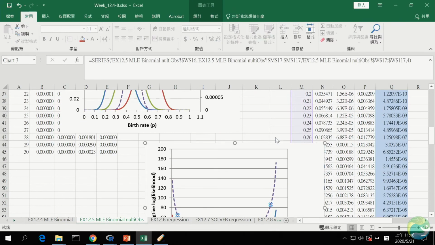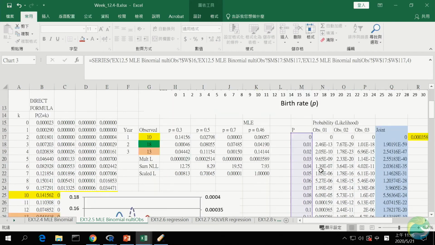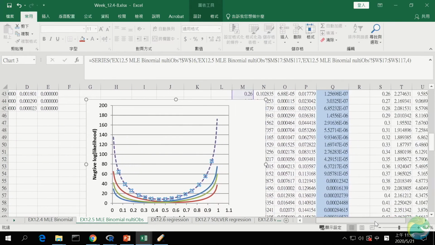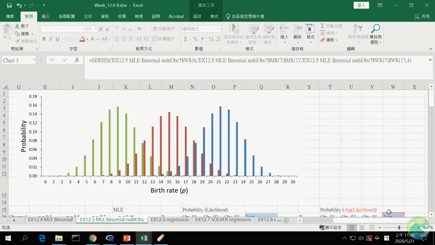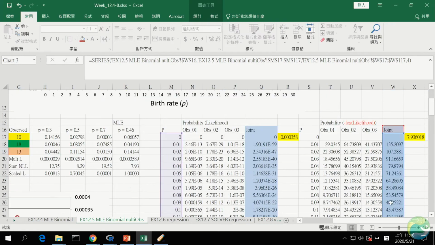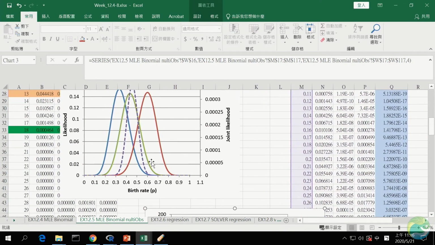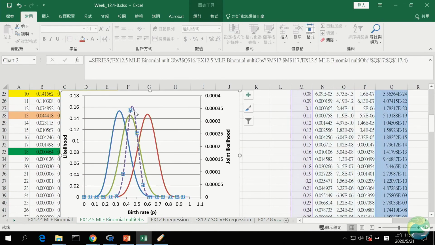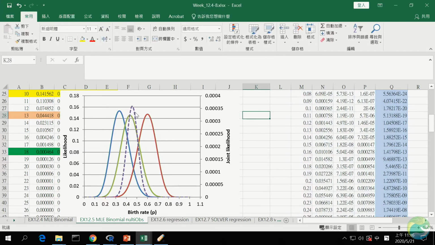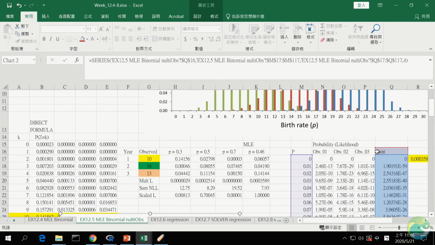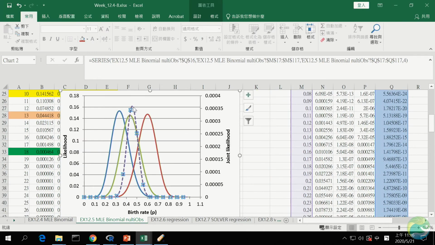This blue curve is the negative log likelihood. This dashed purple curve is the total likelihood. So the maximum is where? 0.46, right, when you take a look at the maximum value.